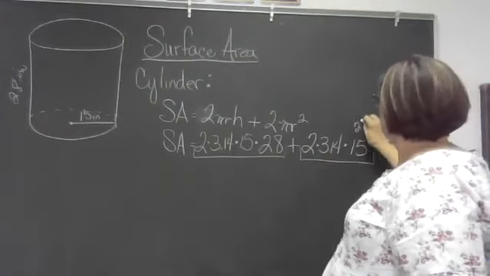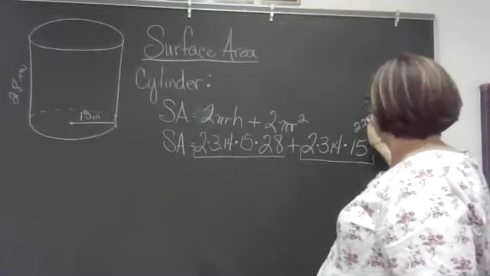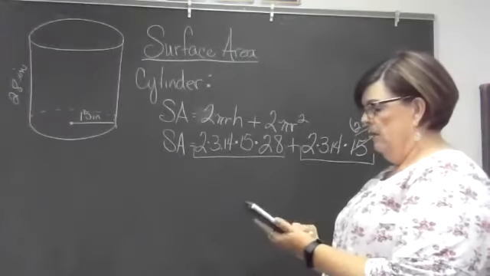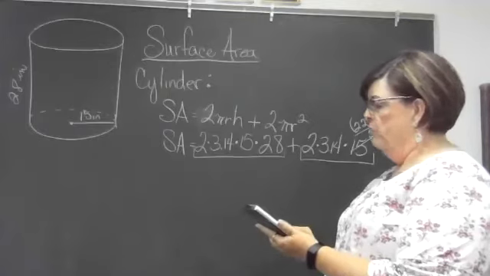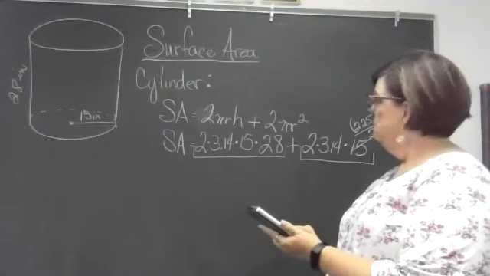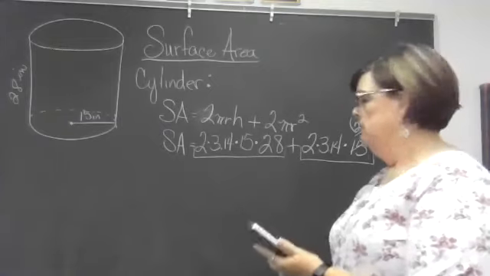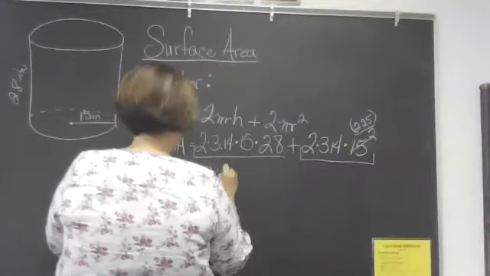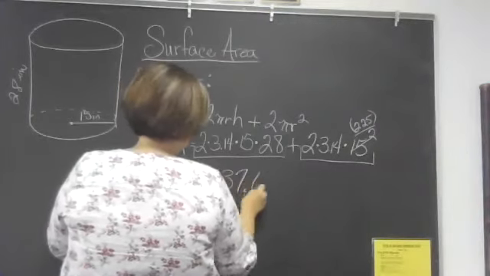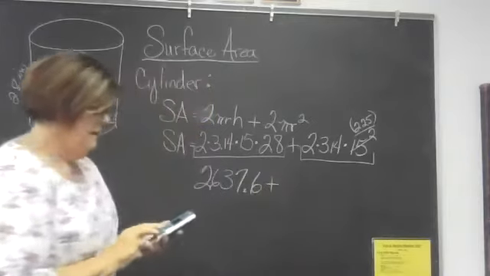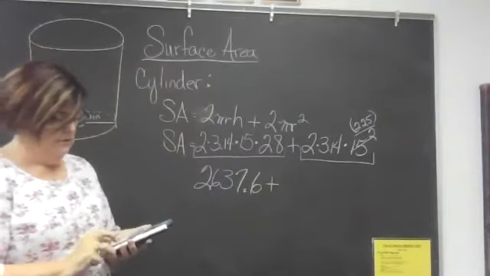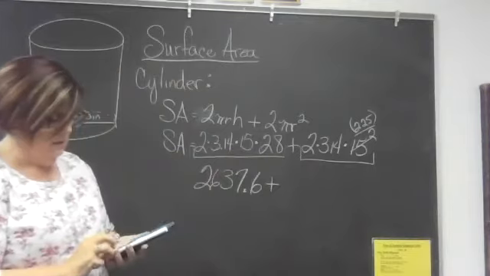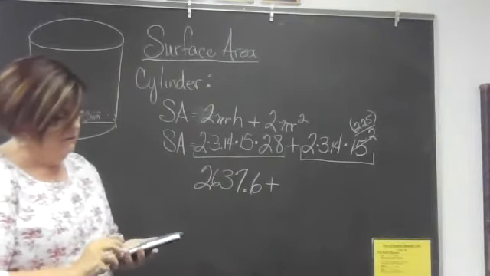15 squared, 225. You really need to do that first. So the first part, I have 2 times 3.14 times 15 times 28. So I have 2637.6 plus, and now I'm going to do the other part. 2 times 3.14 times, we found out that 15 squared is 225.